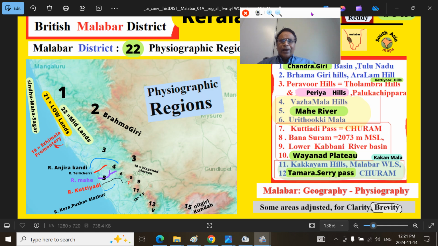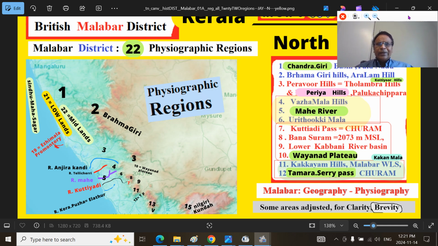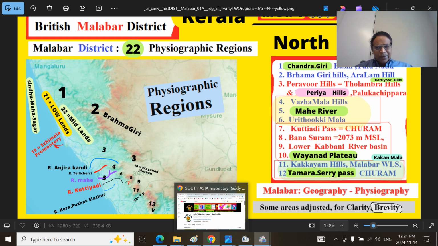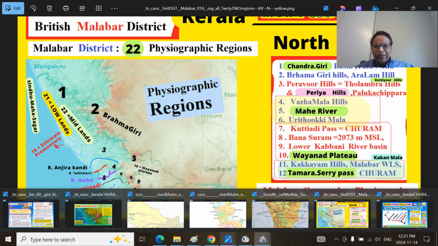I will not dilate on them here, but you have to keep in mind the Brahmagiri Hills, Aralam Hills, Peravoor Hills, and Periya Hills. That is where the pass is located, this area. That's what I am showing you here. This is an addendum that you can look at in the appropriate playlist. That is not necessary, I will go over it, but it gives you a broader idea.